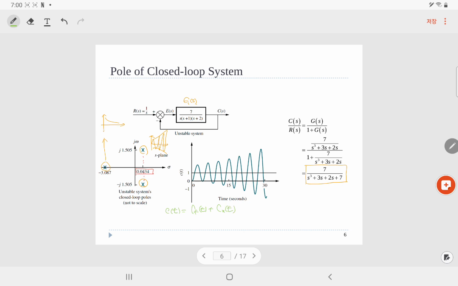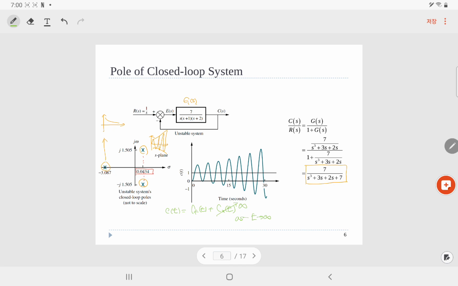But in this case, due to the unstable poles like this, the natural response Cn of t will approach infinity as time t approaches infinity.